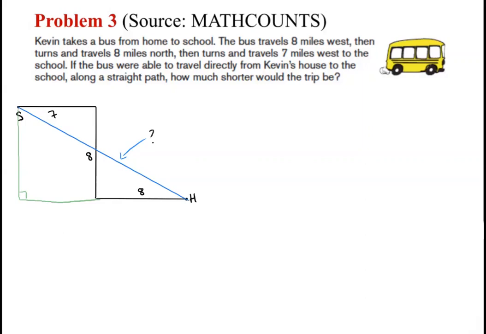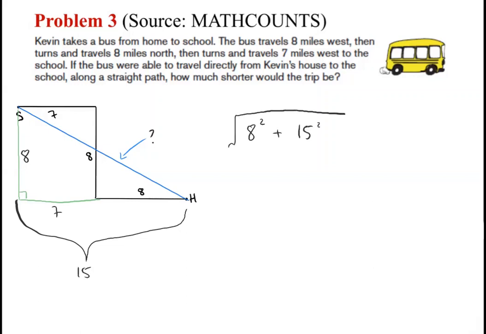So this vertical segment will be 8, and this shorter green segment is 7. Altogether, this is 7 plus 8, which is 15, and we can find the blue line by doing the square root of 8 squared plus 15 squared, and that will give you 17.